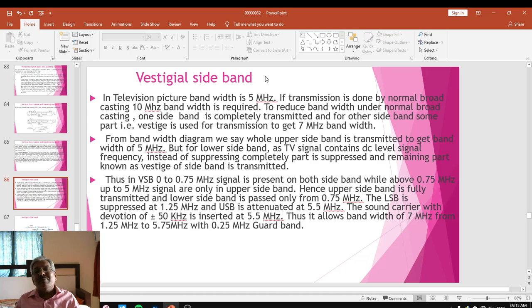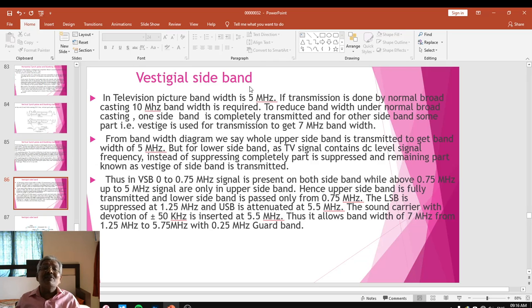So that is 5.5 MHz plus 1.25 MHz, which becomes 6.75 MHz, and 0.25 MHz is the guard band. Hence the net bandwidth becomes 7 MHz instead of 10 MHz, which is sufficient to transmit the entire television signal from transmitter to receiver. This is what we call the concept of vestigial sideband.